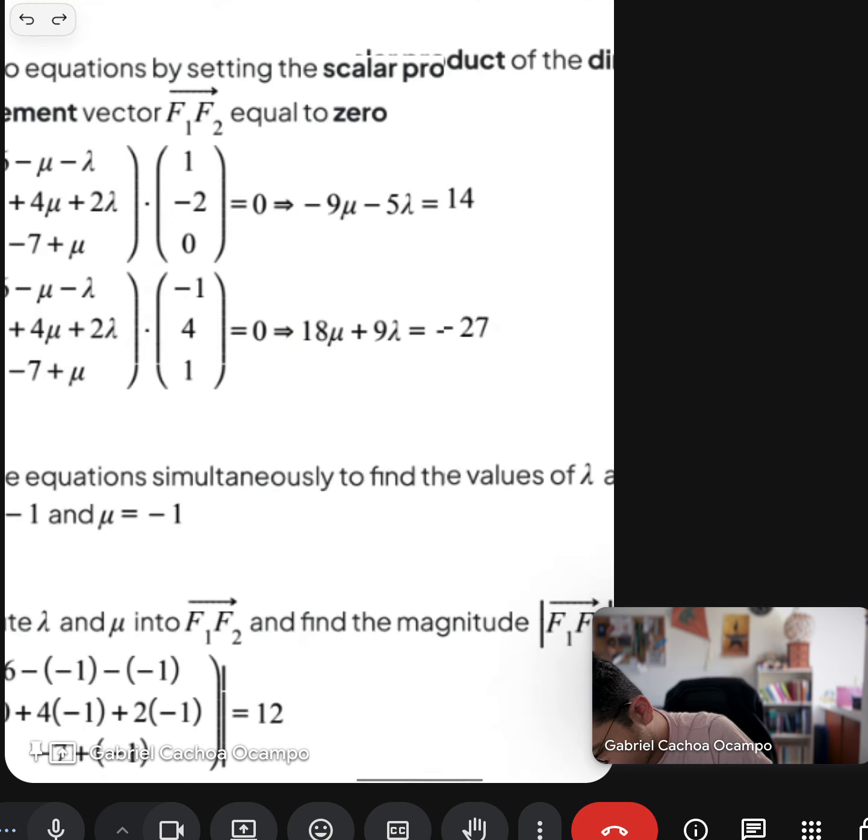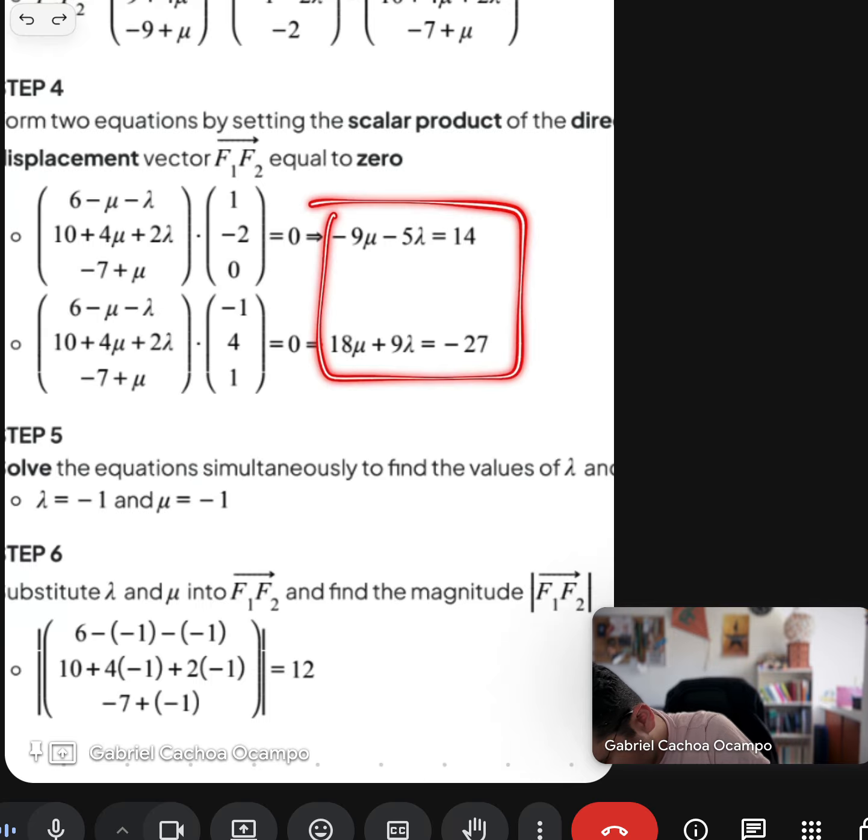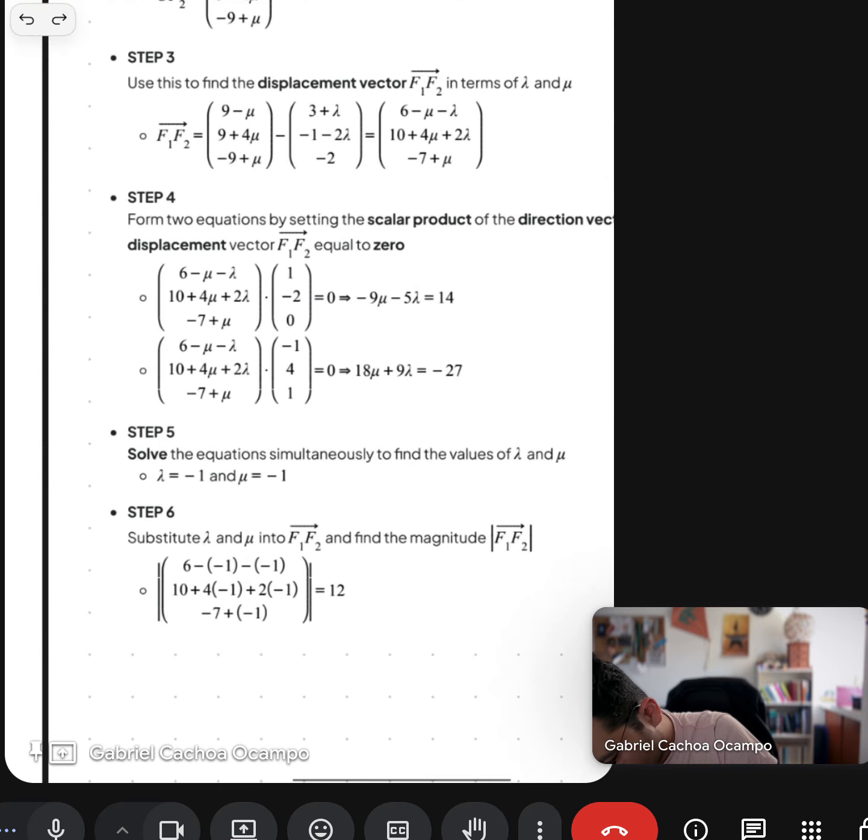Okay, I have a system with two equations and two parameters. I solve them, and I get my two parameters. Once I have those two parameters, I plug them into the magnitude of the difference. Again, this 12 is the distance between those two lines.